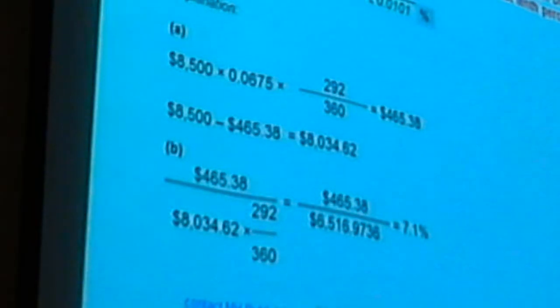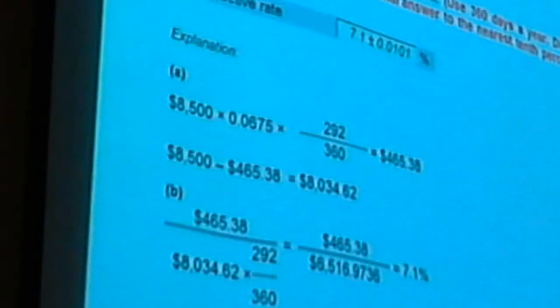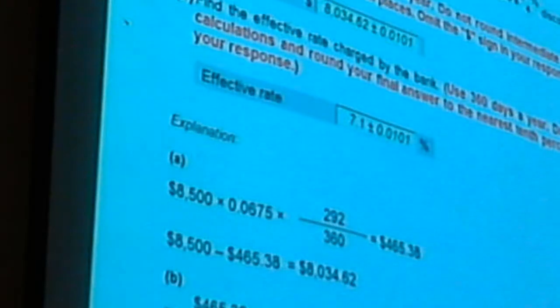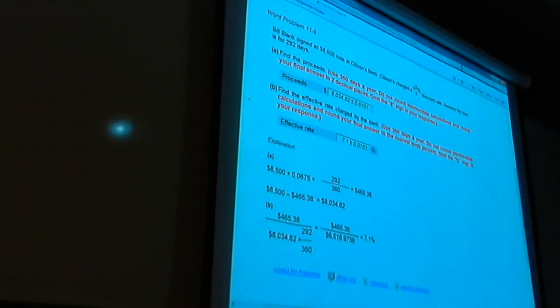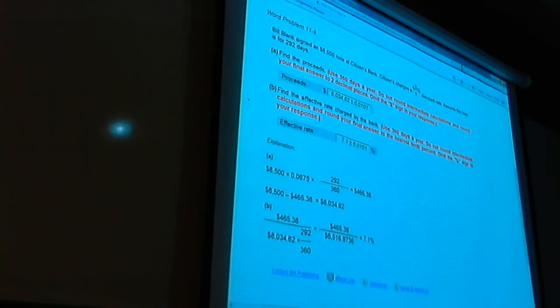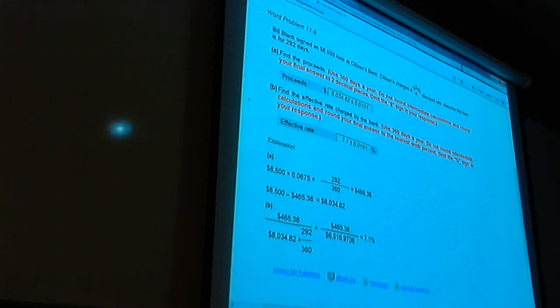In the end, you get 7.1%. That is higher than 6 3/4. Any questions? Any more?